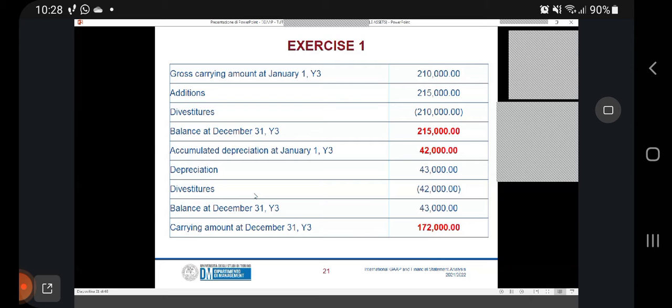Moreover, the accumulated depreciation at the 1st January year 3 was 42,000, and then the new depreciation charge for the current year is 43,000. But since the company divested the plant, you have to reduce the accumulated depreciation by 42,000. So the balance of the accumulated depreciation at 31st December year 3 is equal to 43,000.